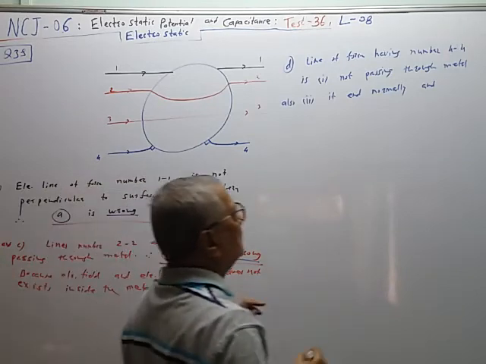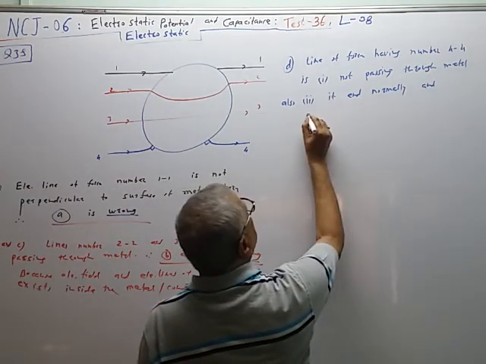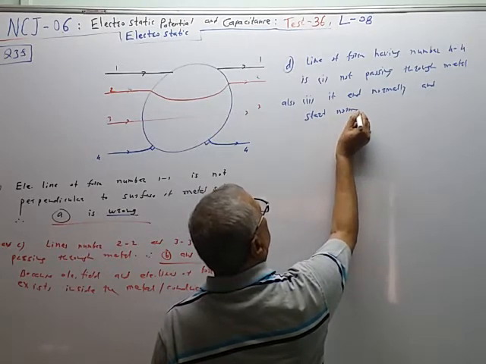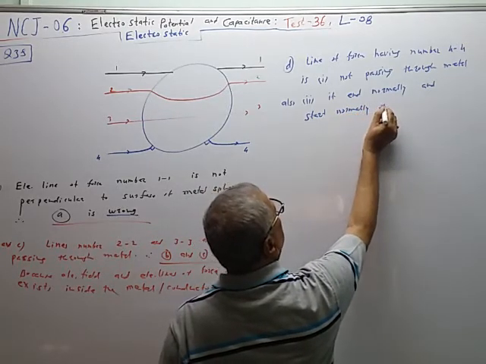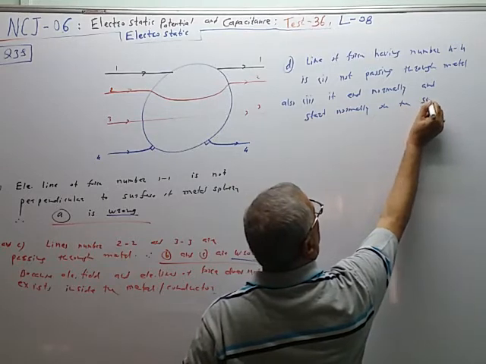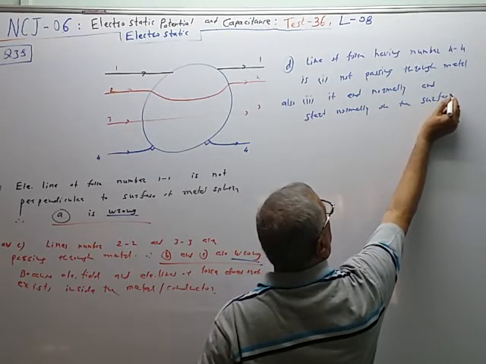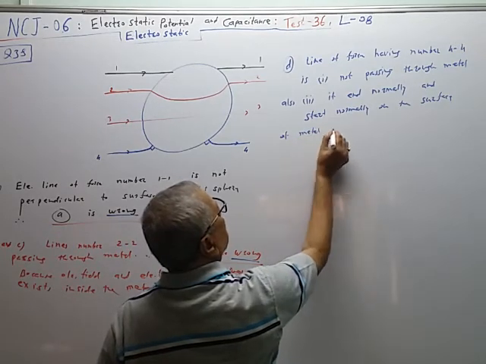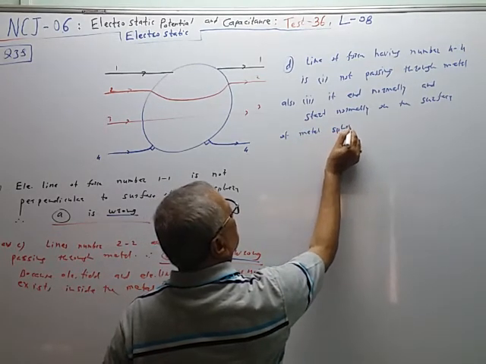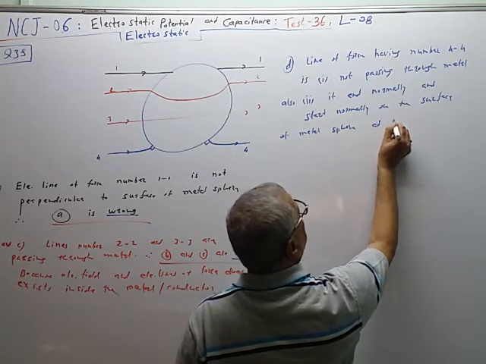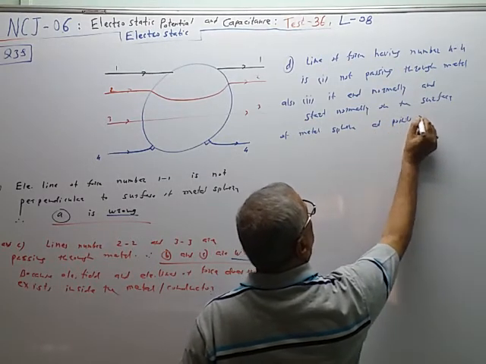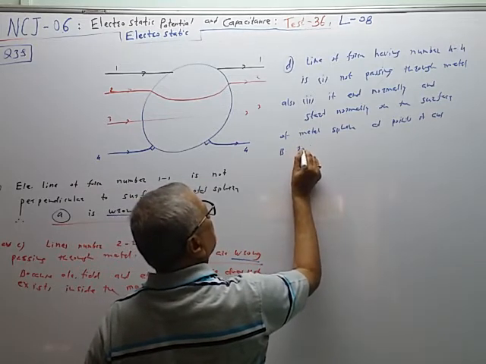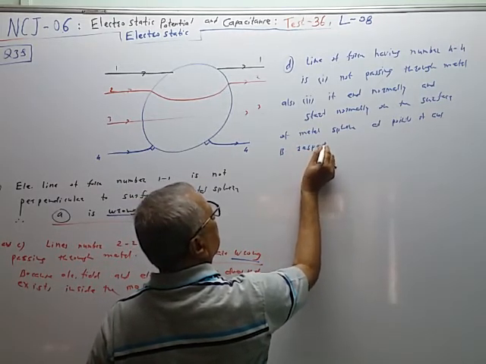See the figure clearly. End normally and start normally on the surface of the metal sphere at points A and B respectively.